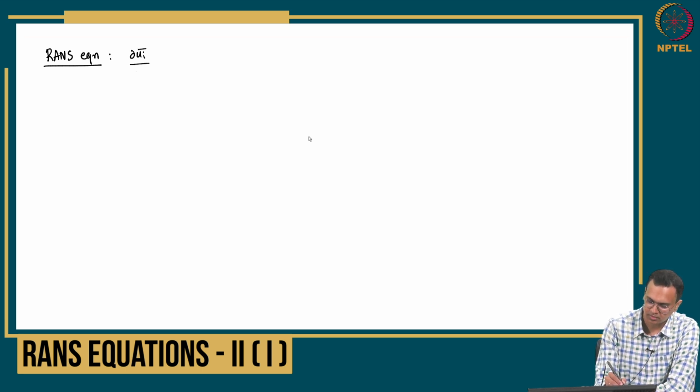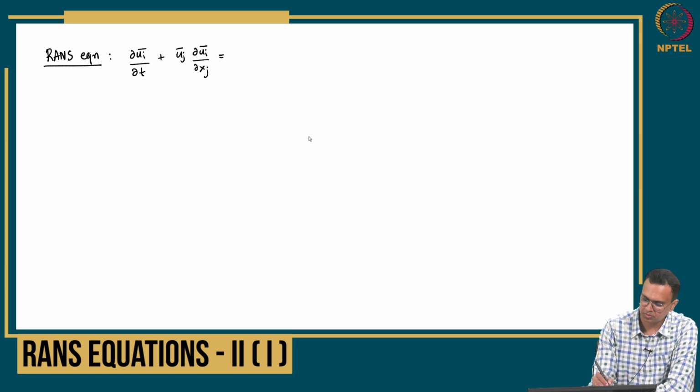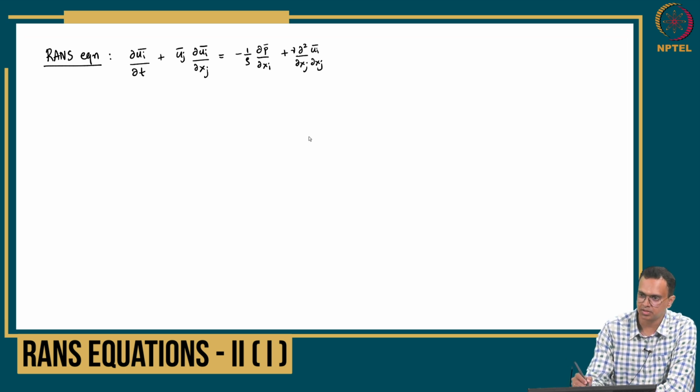∂ūi/∂t plus ūj ∂ūi/∂xj, I am just rewriting what has been already derived, equal to minus the mean pressure gradient ∂p̄/∂xi, plus ∂/∂xj of μ ∂ūi/∂xj, the viscous stress tensor, and the Reynolds stresses ui' uj' bar.